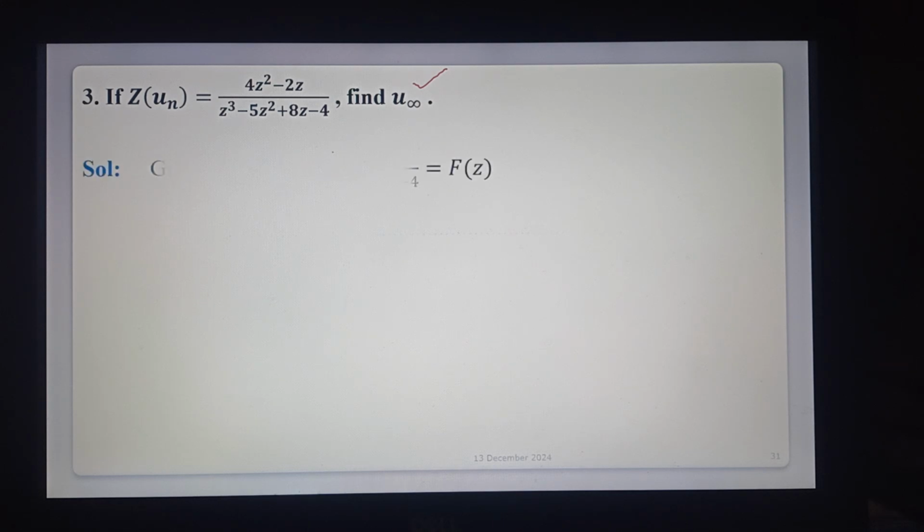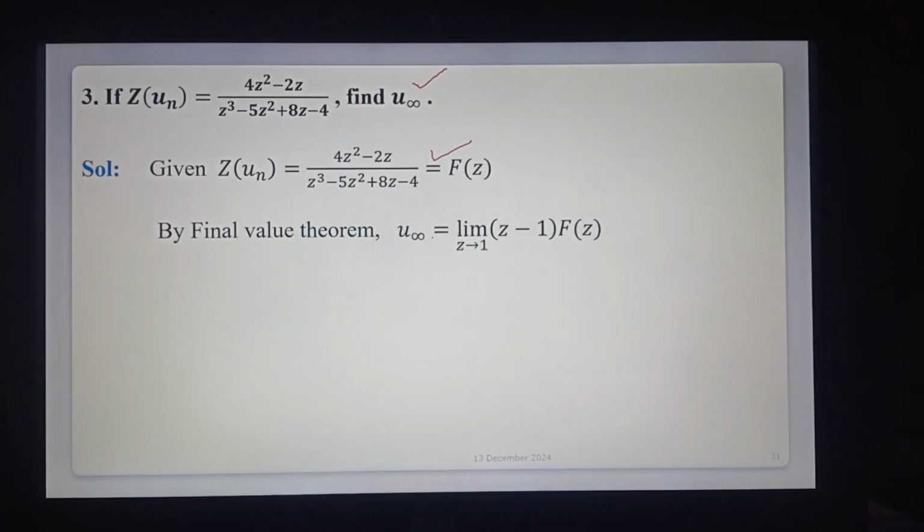So using that formula, given z transform of un is equal to f of z. So u infinity is equal to limit z tends to 1 (z minus 1) into f of z. Substituting the given f of z and directly substituting z equal to 1, we get 0 by 0, which is not defined here.